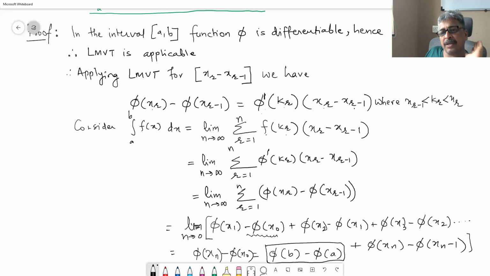That is the fundamental theorem of integral calculus. LMVT is helping you out. Telescopic setup is also part of the proof, and hence the job becomes absolutely simple. If you know the antiderivative, finding out the definite integral is very, very simple.